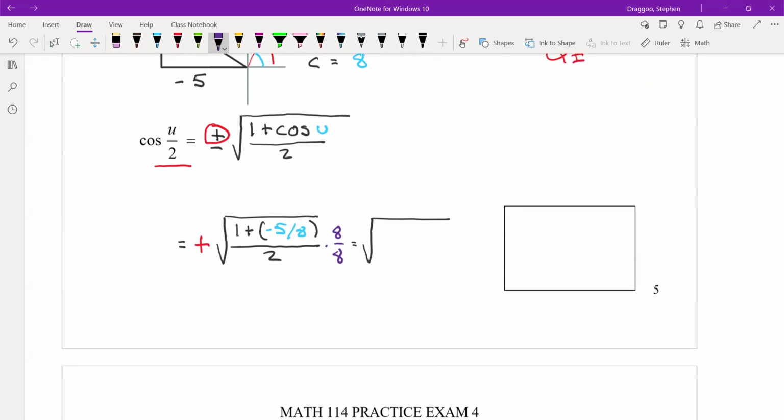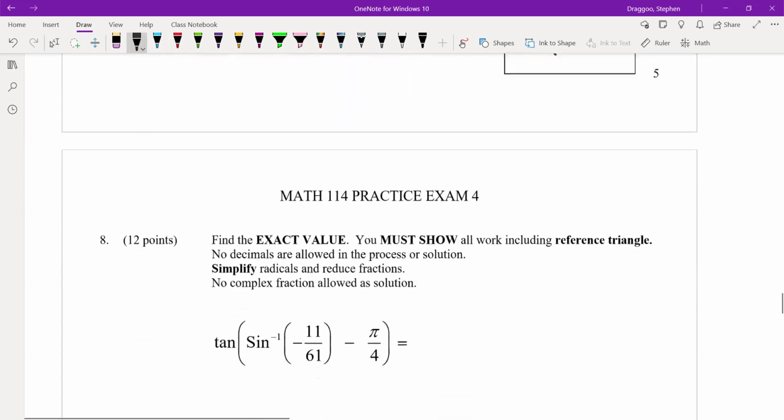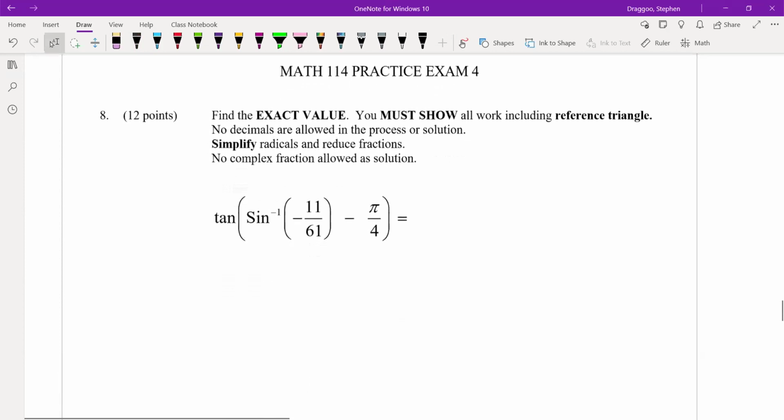That looks like 8 minus 5, all over 16. And if we simplify that, square root of 3 over 4. 8 minus 5 is 3. Square root of 16 is 4. And we're done. Well done with that problem. I think we've got another one to go, don't we? Yep, we sure do.